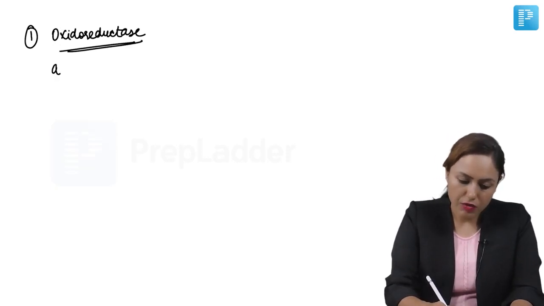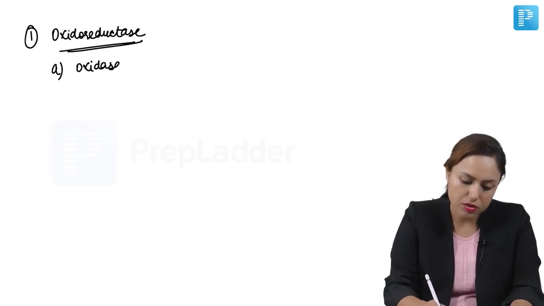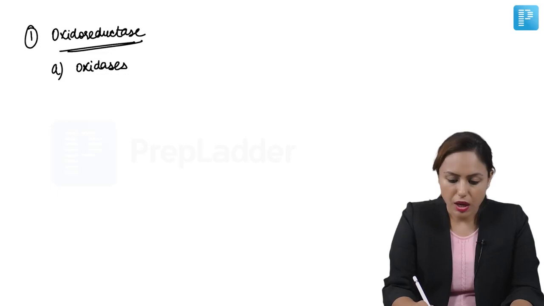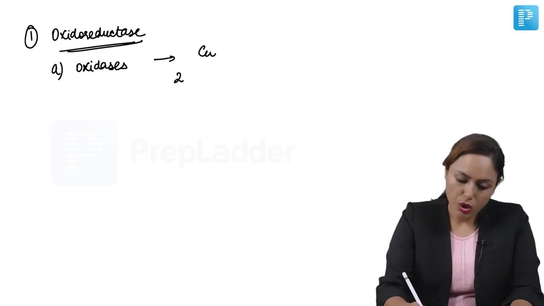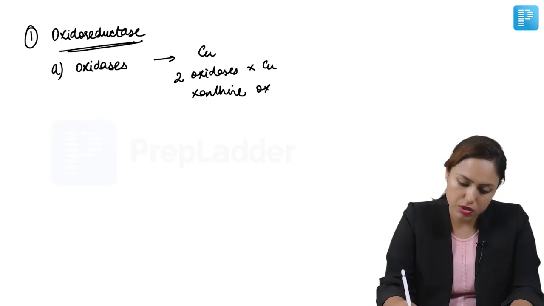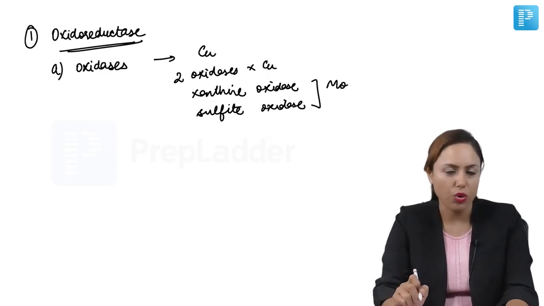Here we have many further subcategories. One category is oxidases, and all oxidases require copper, right? Two oxidases which do not require copper are xanthine oxidase and sulfite oxidase. They require molybdenum and not copper.